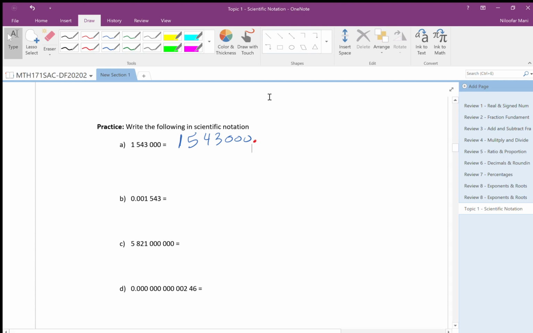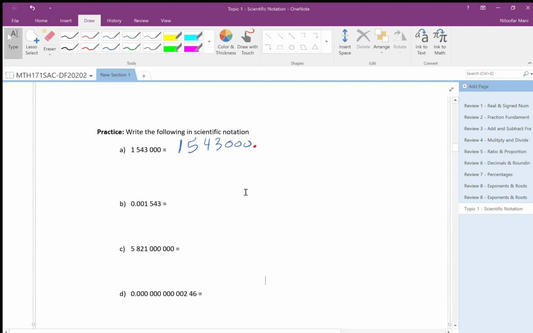So how many moves do I have? One, two, three, four, five, six. So I have 6 to the left. So I do 1.543 multiplied by 10 power. How many moves do I have? 6.